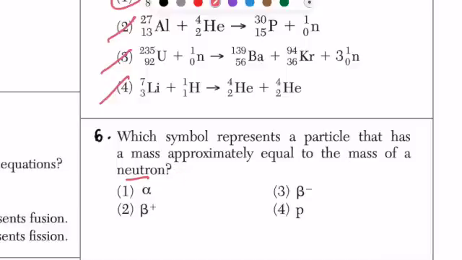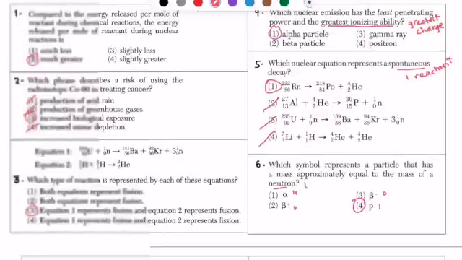Okay, sorry, I mixed that with the electron. So a neutron has a mass of 1. Neutron and proton, they both have a mass of 1. Electrons have a mass kind of equal to 0. So we are looking for something that has a mass equal to 1. Beta has a mass of 0, alpha has a mass of 4, proton is the one that has a mass of 1.